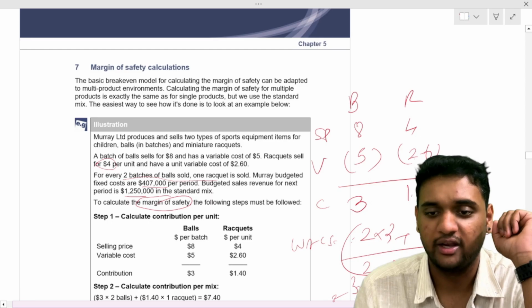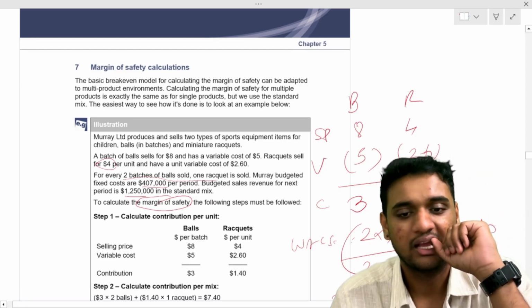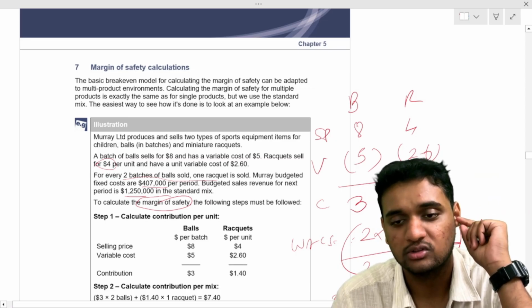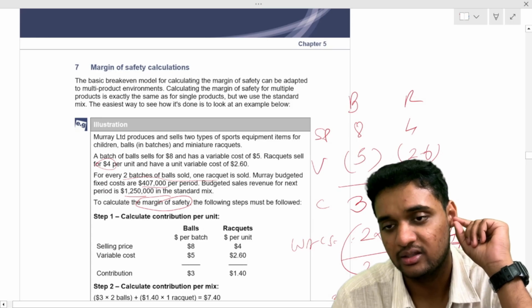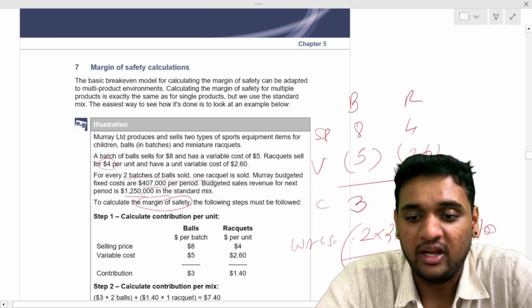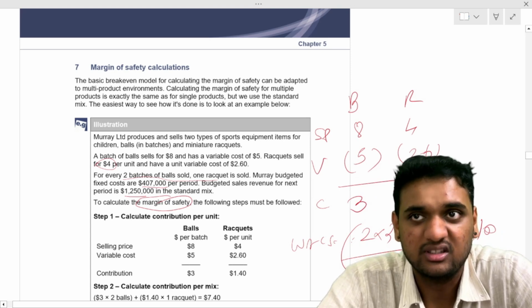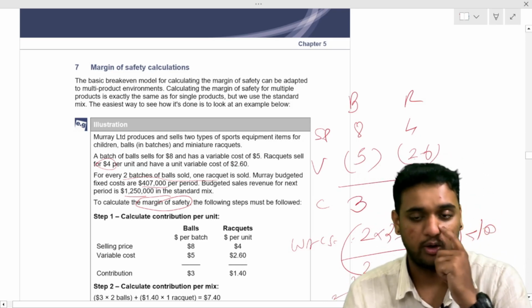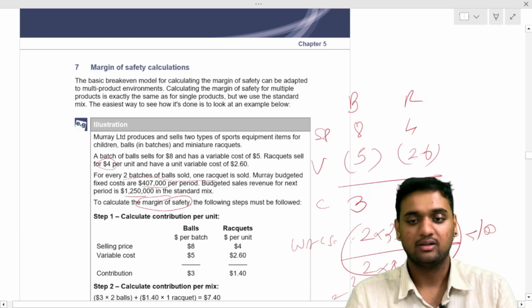Did all of you get any other answer? 7.4 divided by 20. 2 into 3 is 6, 1 into 1.4 is 1.4, 6 plus 1.4 is 7.4, divided by 20, that is 37%.